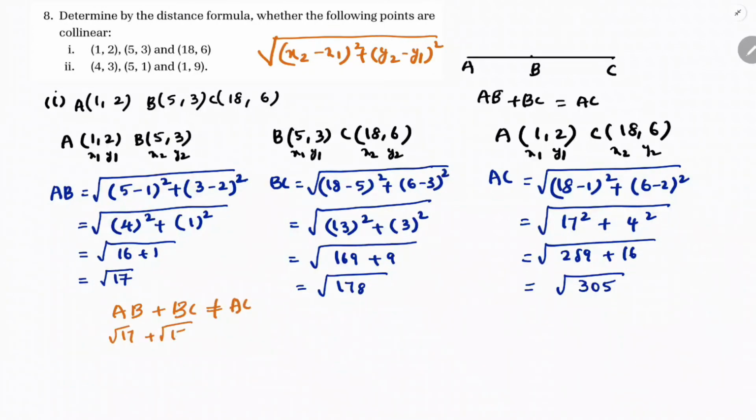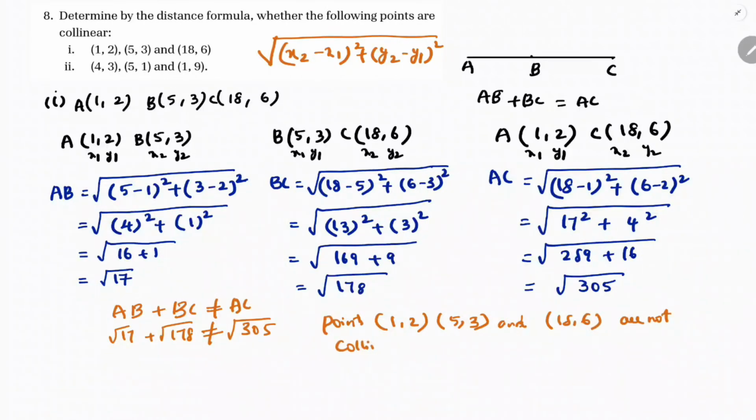Root 17 plus root 178 is not equal to root 305, so the points 1, 2, 5 comma 3 and 18 comma 6 are not collinear.